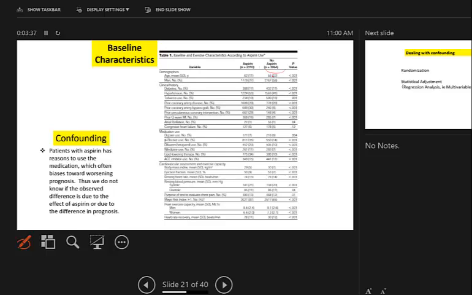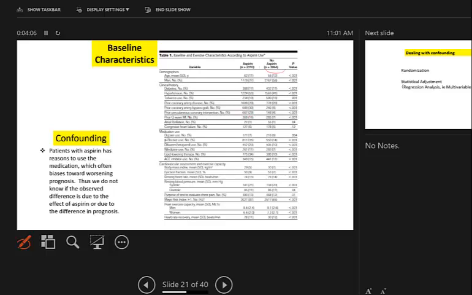Okay, the outcome is death. Right, age is different. And 77% of aspirin users are men, whereas 56% of non-aspirin users are men, right? And let's see, hypertension, 53% versus 41%. And prior coronary artery bypass graft, 30 to 6. Oh, that's a lot different.